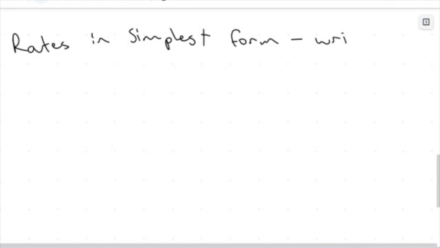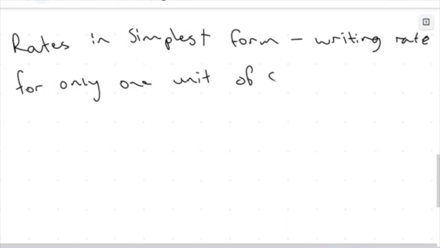So this means writing the rate for only one unit of the second quantity.